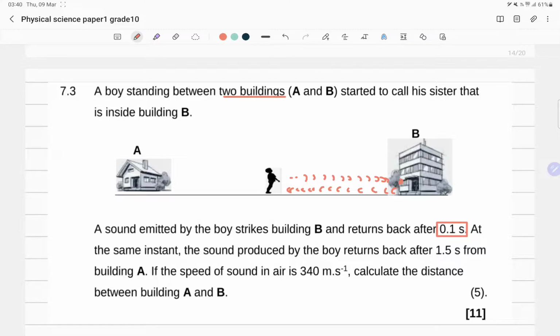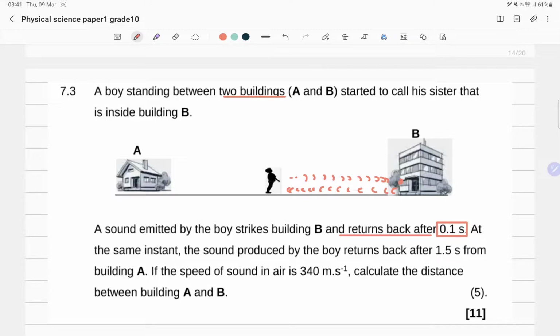Is this the time it takes for the sound to go and come back? I'm a bit unsure now. The sound emitted by the boy strikes the building B and returns back after 1 second. This question is doing things to me now.